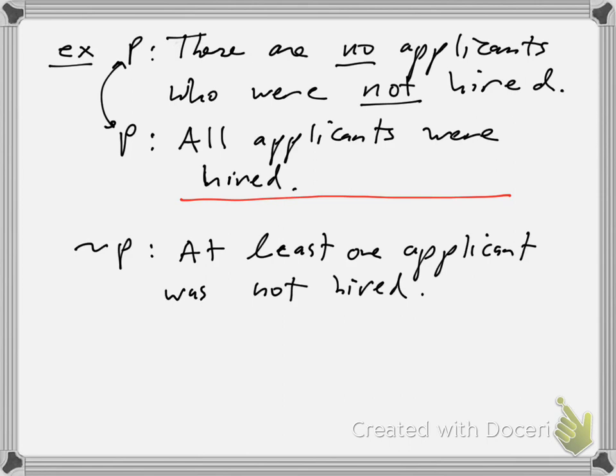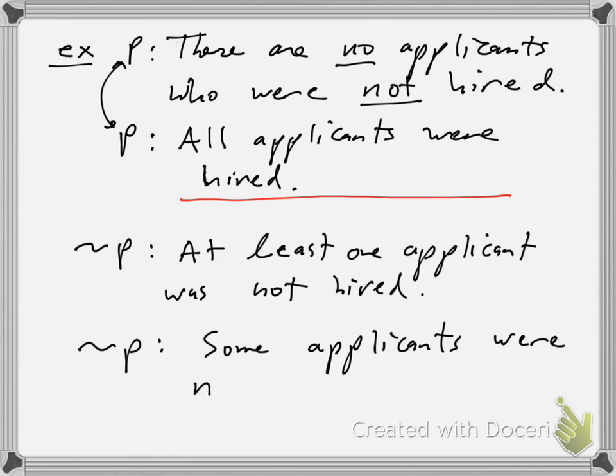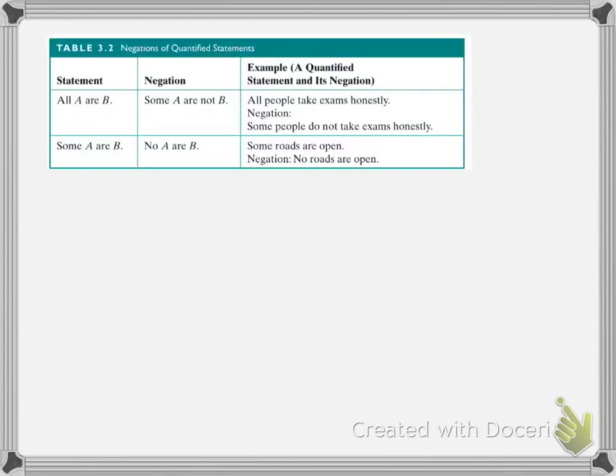At least one applicant was not hired, or put another way, at least one just means the same as what? Some. Some just means one or more, or at least one. Some applicants were not hired. Okay, so either one of these is not P. I'd accept either one, by the way. Okay, that kind of goes through those.